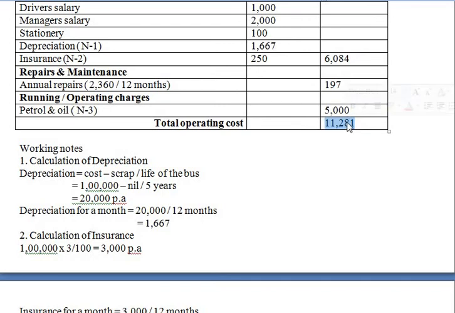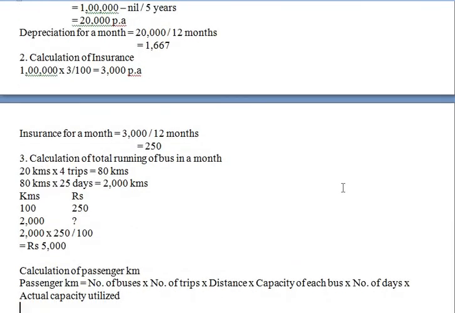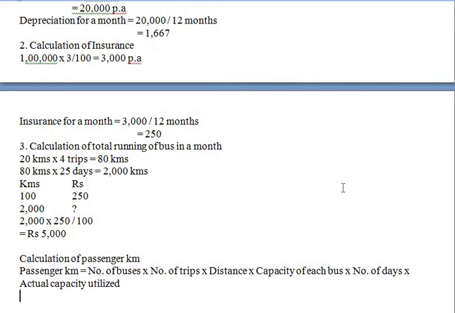Now we need to calculate passenger kilometer. Now we all know the formula to calculate passenger kilometer: number of buses into number of trips into distance into capacity of each bus into number of days into actual capacity utilized.